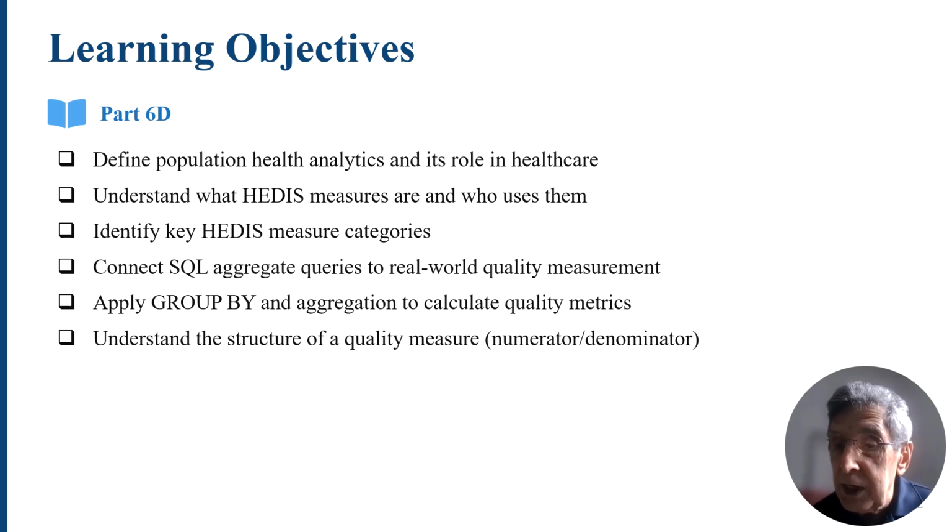Fourth, connect the SQL aggregate queries that we've learned and explored in parts A and B to some real-world quality measurement workflows. And fifth, apply group by and aggregation to calculate actual quality metrics from our X-Health sample database. And sixth, understand the fundamental structure of a quality measure, which is the denominator, numerator, and rate calculation pattern that underlies every HEDIS measure.